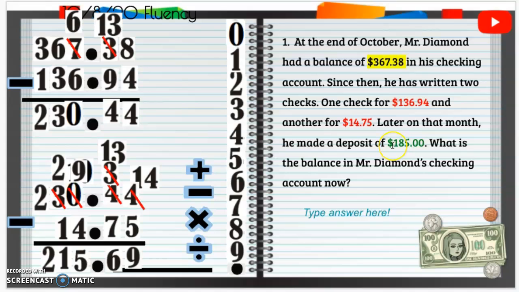Now the last part says he made a deposit. A deposit, that means he's putting money back into his account of $185.00. So I'm going to take this number and we are going to add now.